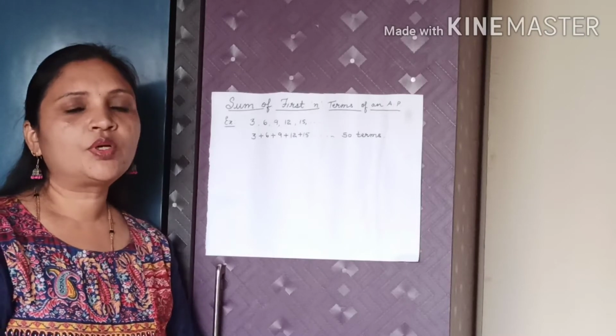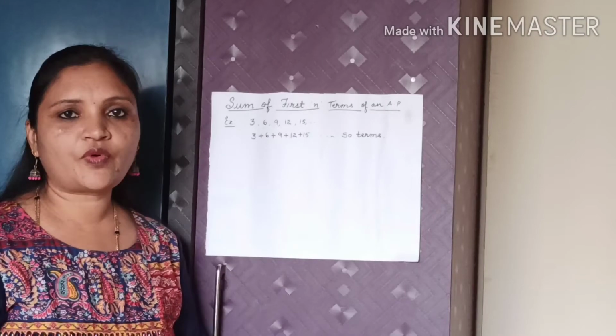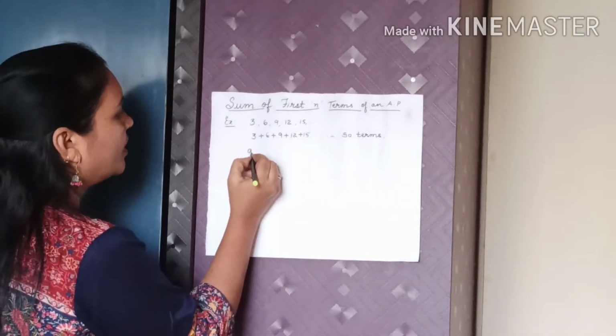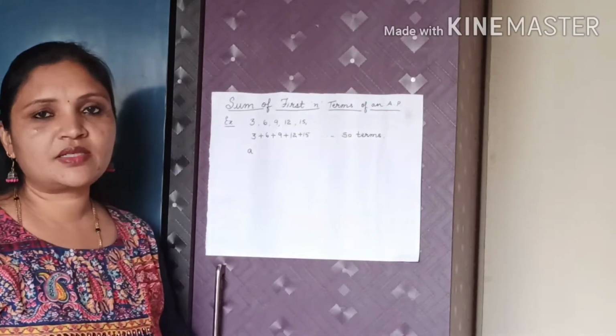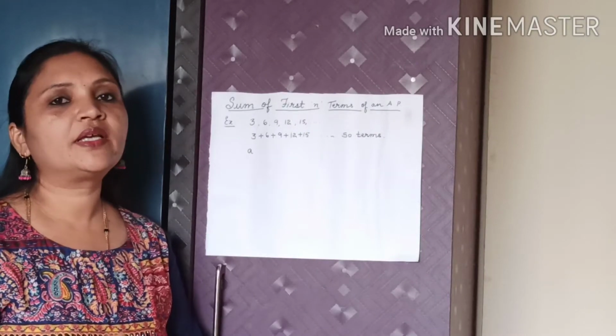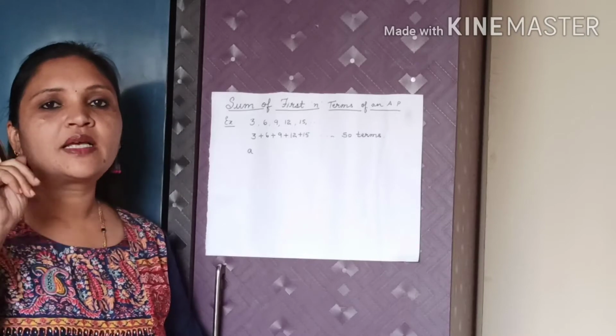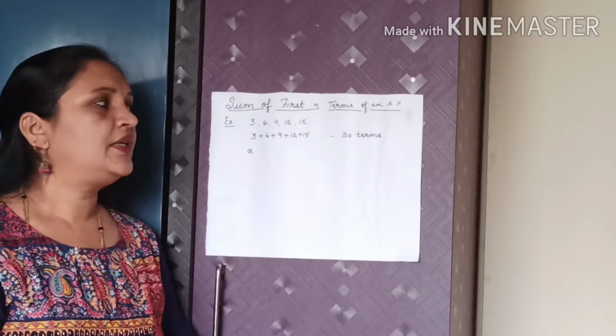You all know the general form of an AP, that is a, a plus d, a plus 2d, a plus 3d, and the last term will be a plus (n minus 1) into d.